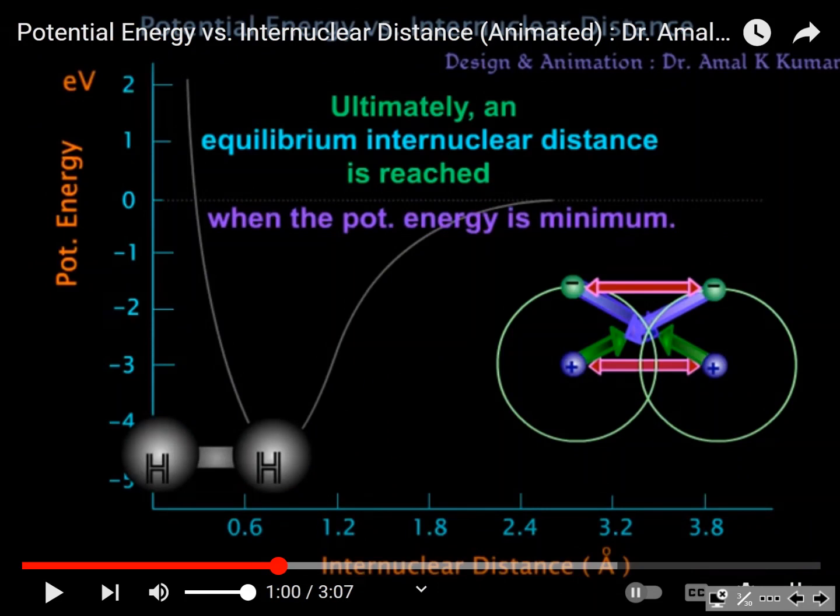Equilibrium of the internuclear distance is reached. So you are maximizing these right here. Those are being maximized, and you're minimizing these. Okay? The green are the repulsive forces. And then you establish that here at the bottom of the curve, which tells you the bond length or the internuclear distance.